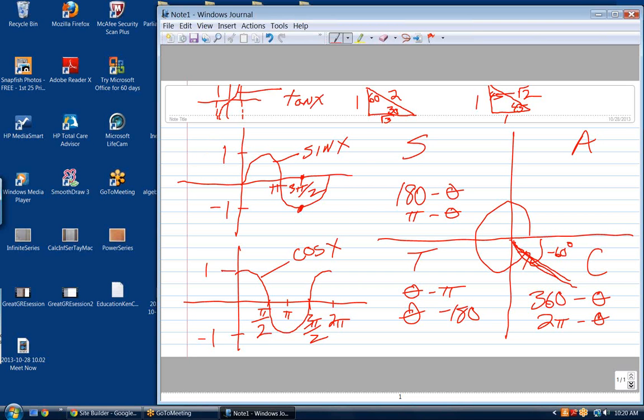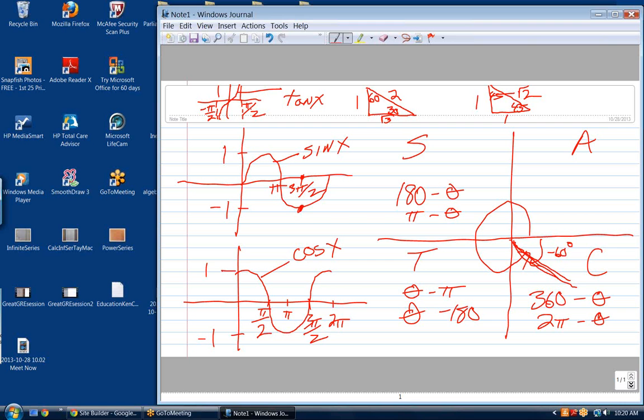What point does it go through? It's 0. Notice that the vertical asymptotes for tangent go from -pi over 2 to +pi over 2.